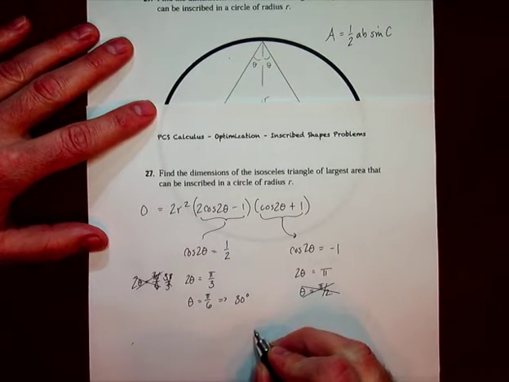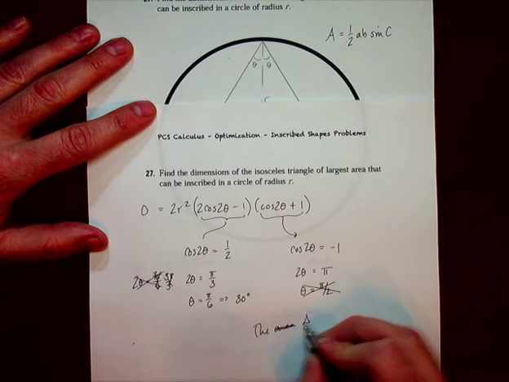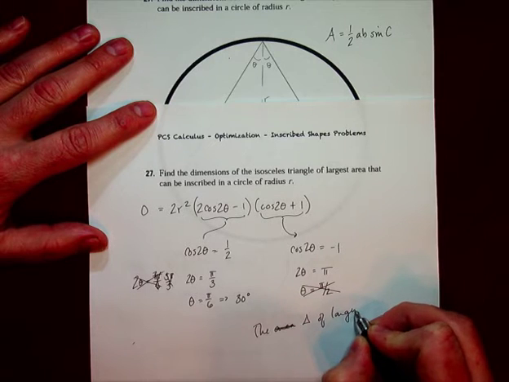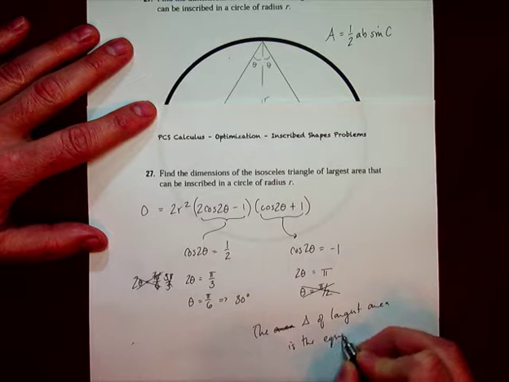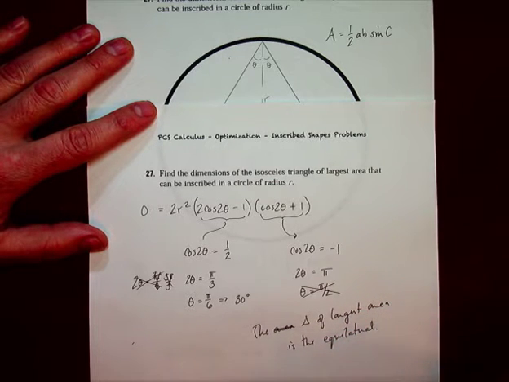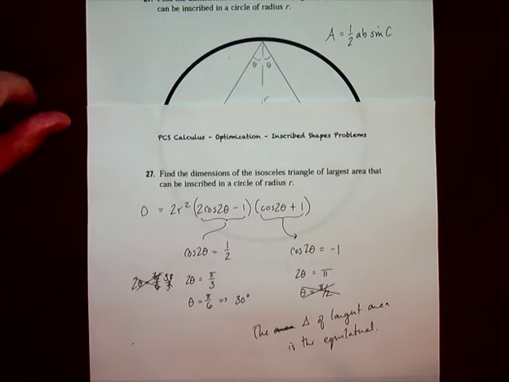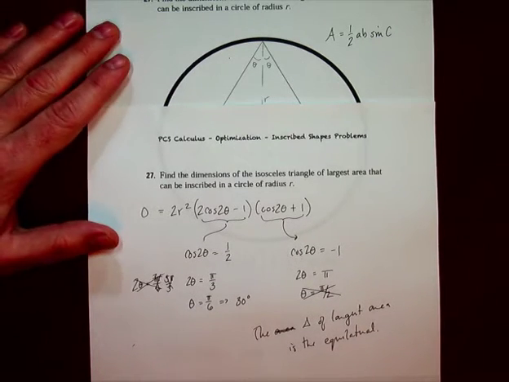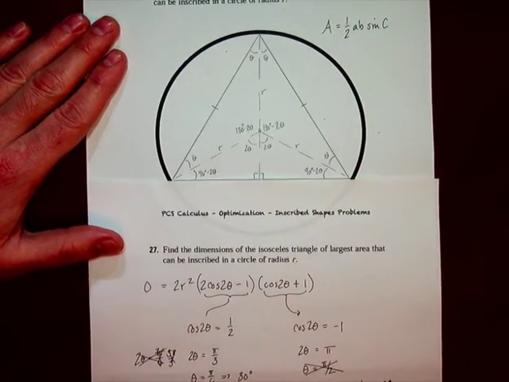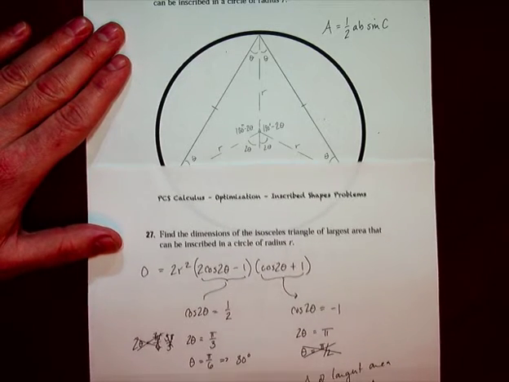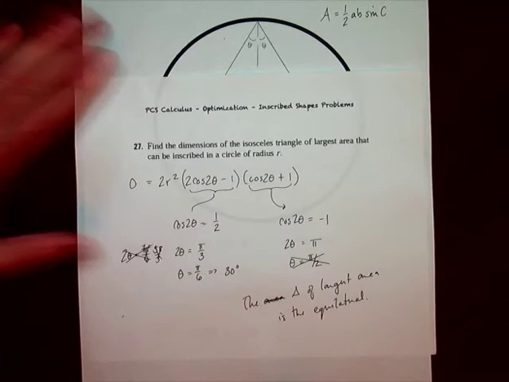So basically the triangle of largest area is the equilateral. It actually asks for the dimensions of the isosceles triangle, but those ought to be easy to get. If theta is pi over 6, you could solve for any one of those sides and get the dimensions. So I'm not going to do that.